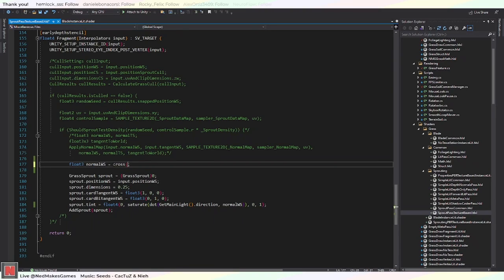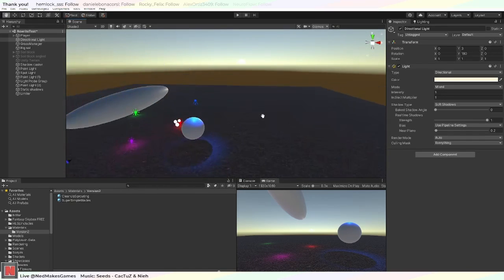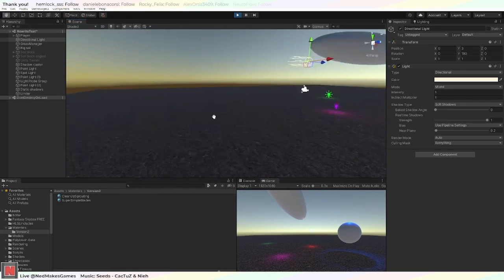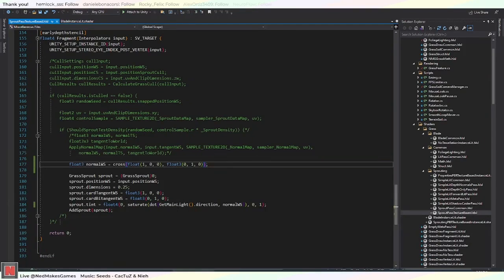So if we did this, this would technically be what it's supposed to be. Okay, so now it's invisible. Do I need to normalize it, maybe?